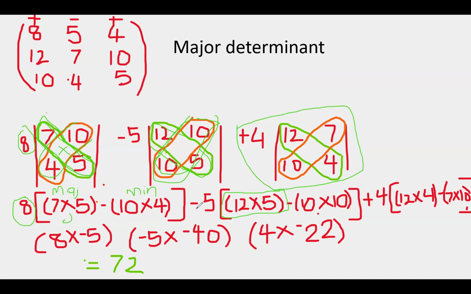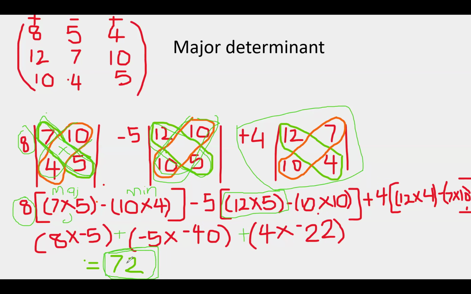So we're going to have negative 5 times negative 40, right? Same thing for here. We get the values in here and multiply them by the values outside. So after obtaining all the values here, we add them. It ought to be a multiplication sign here. And we will get our major determinant as 72.